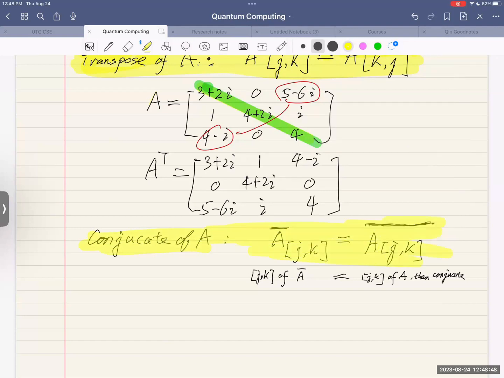So now we can combine the two. In the book it's called the dagger operation. It's also called, in some settings, the Hermitian operation. I think they are the same.